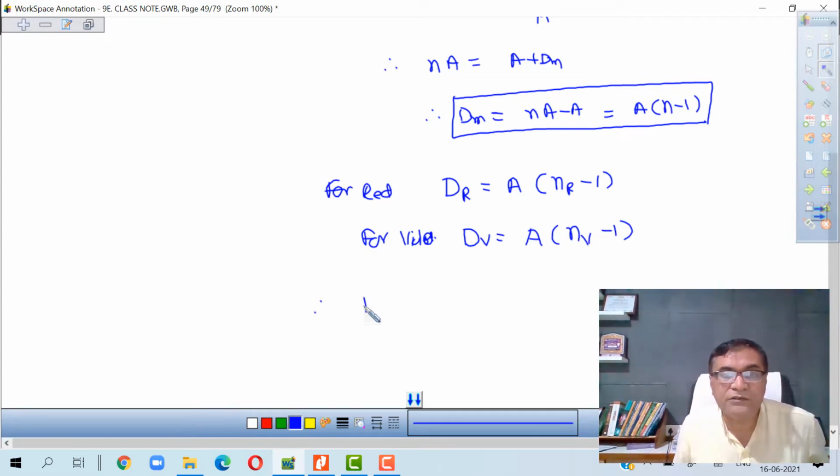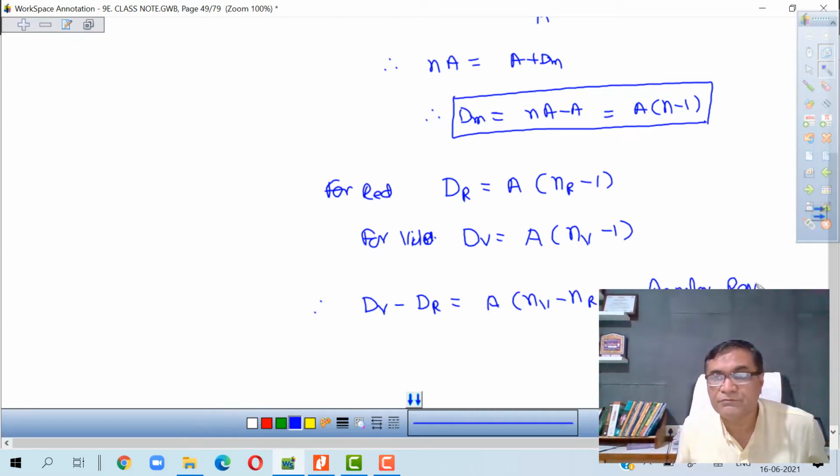So I can write Dv minus Dr is equal to what? So you will get A(nv minus nr). So this is called angular resolution.